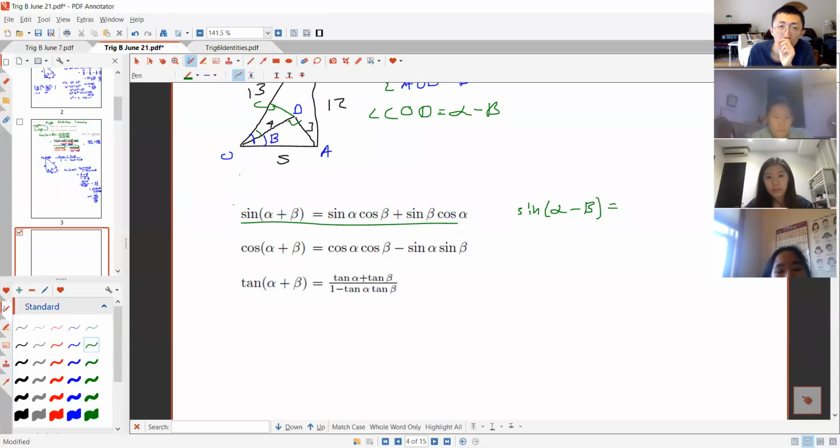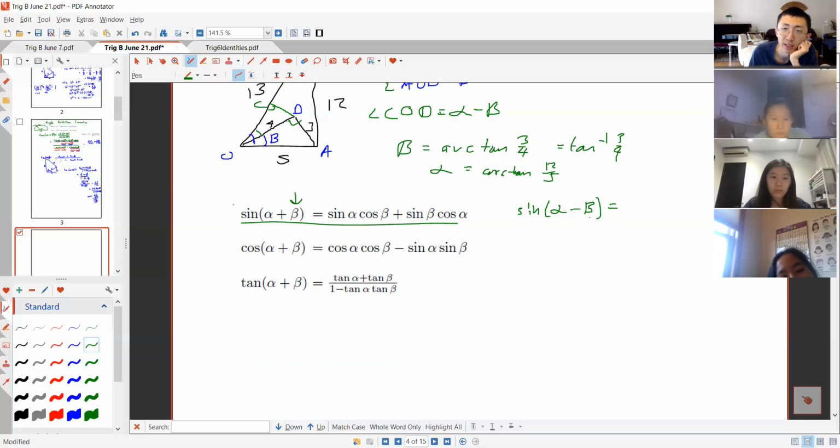I guess you could say beta is arc tan 3/4, and alpha is something like arc tan 12/5. But we can use these formulas directly. Is there something I can replace beta by to make it this expression?